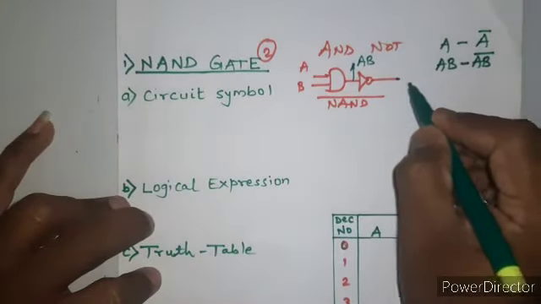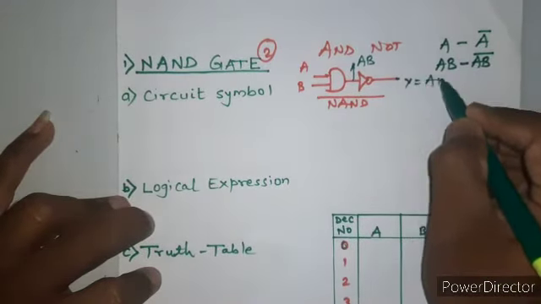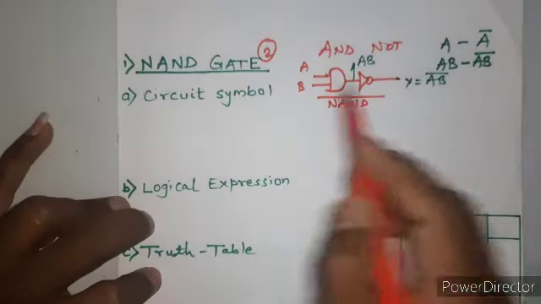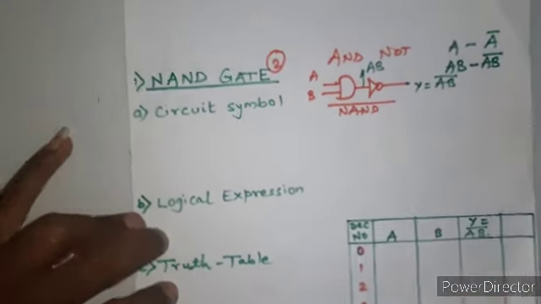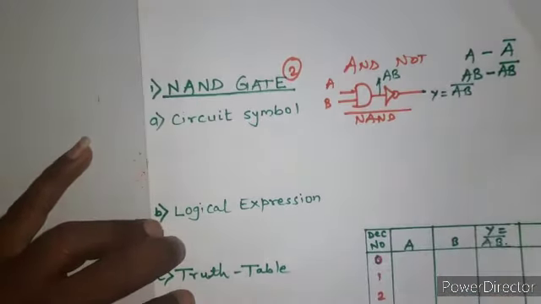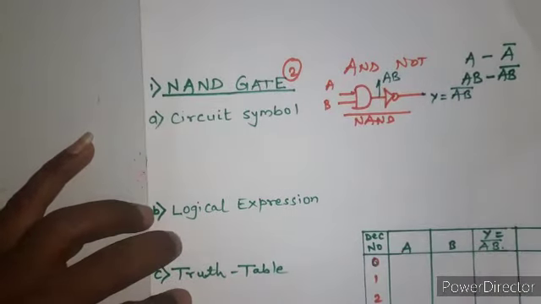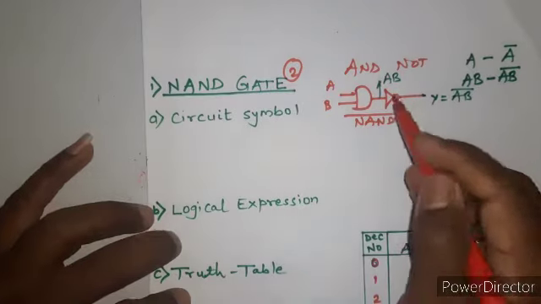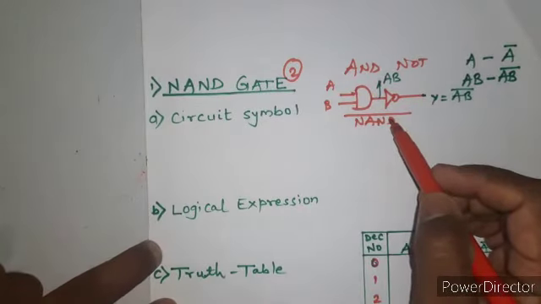So the output here is Y equal to AB whole bar. This is how our NAND gate is constructed, but this is not the symbol. I have just broken this NAND gate so as to make you understand.